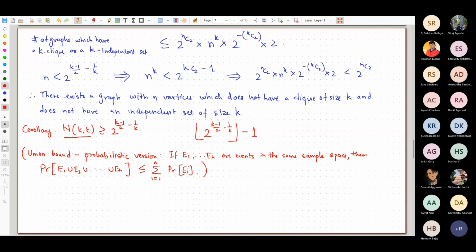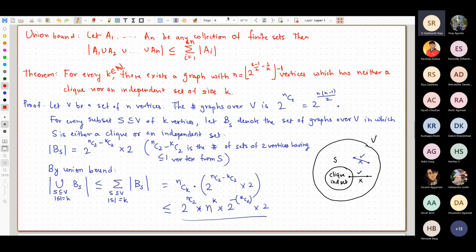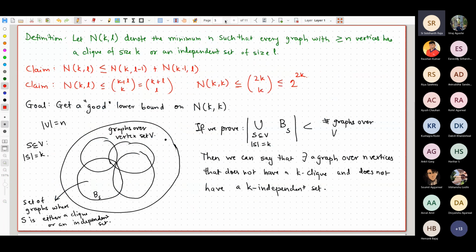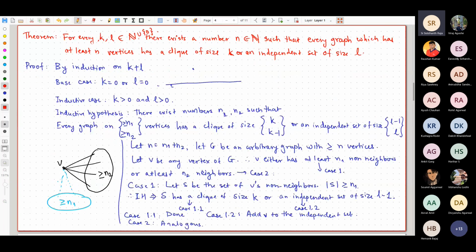Siddhant? Sir, in the proof of the theorem which we said at least n vertices which has a clique of size k or independent set of size l, I couldn't understand how it was an induction on k plus l. What did we assume? We wanted to prove the claim for a specific k and l. As induction hypothesis, we assumed that the claim is true for all k prime, l prime whose sum is strictly less than k plus l.